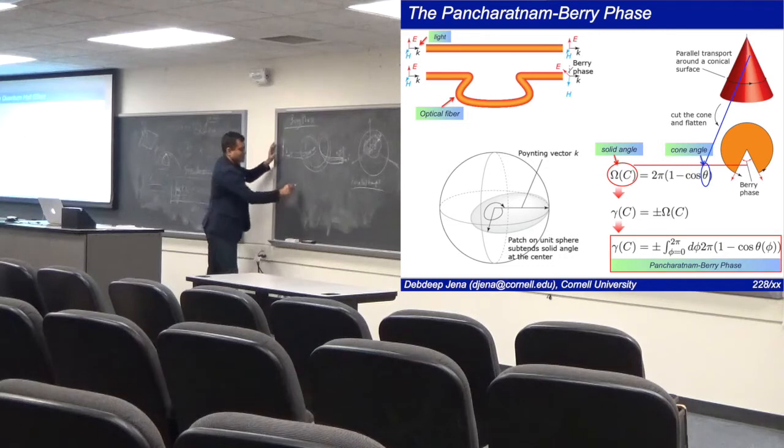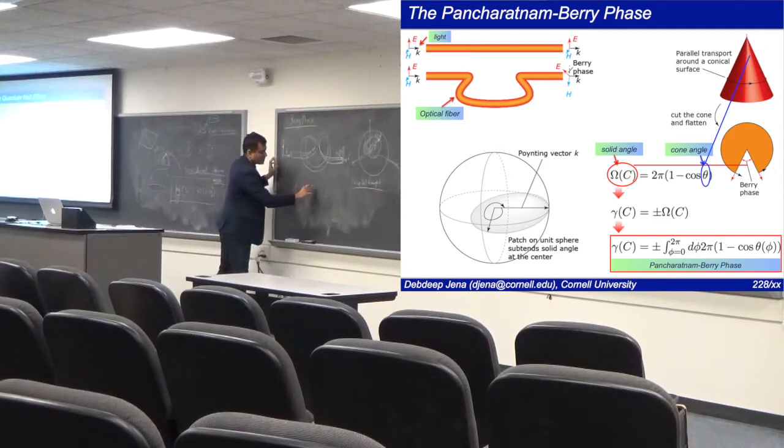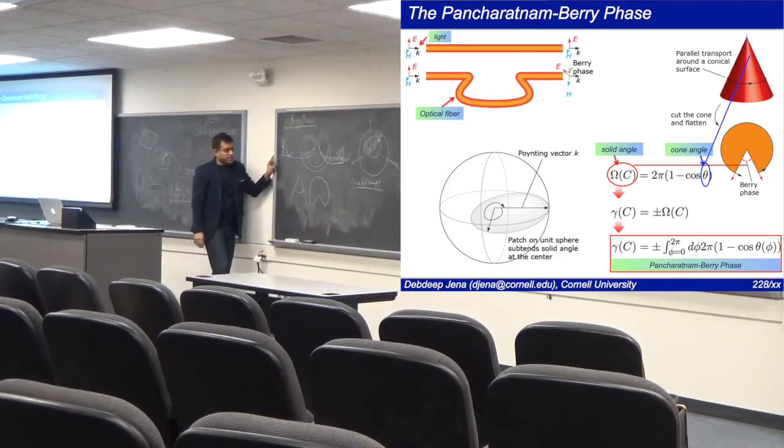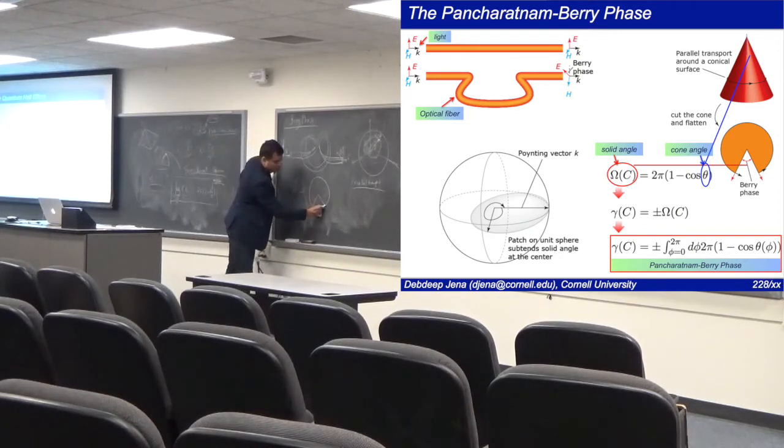Sometimes parallel transport can be confusing. So one way to look at it is, instead of a sphere like that, you are going around a cone. If you cut it and flatten it out, it's a sector of a circle, right? And you're doing parallel transport. What does that mean?